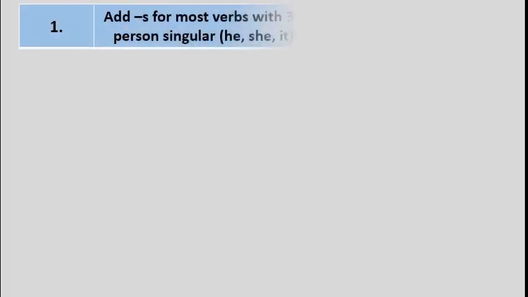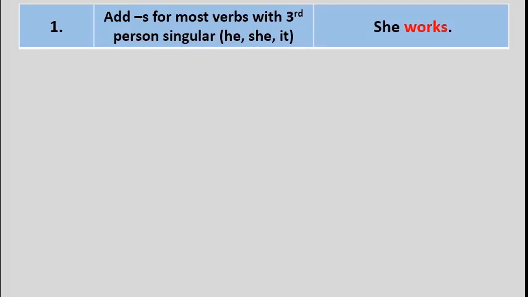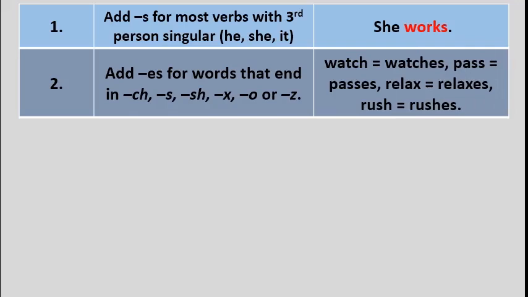There are certain rules to add s or es with the verbs. Let's see how. Number 1. Add s for most verbs with third person singular, that is he, she and it. For example, she works. Number 2. Add es for words that end in ch, s, sh, x, o or z.